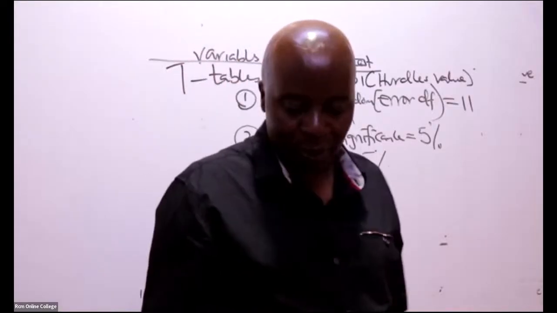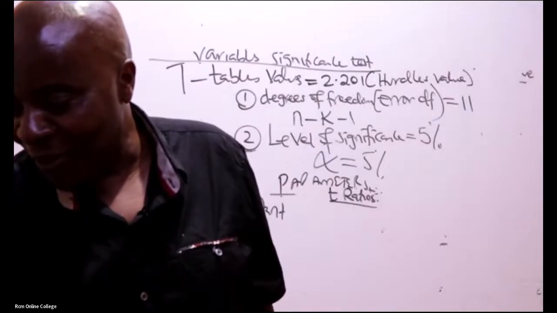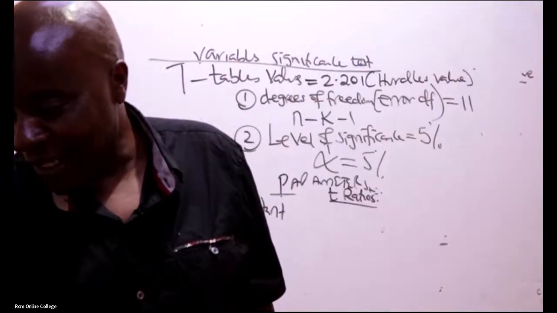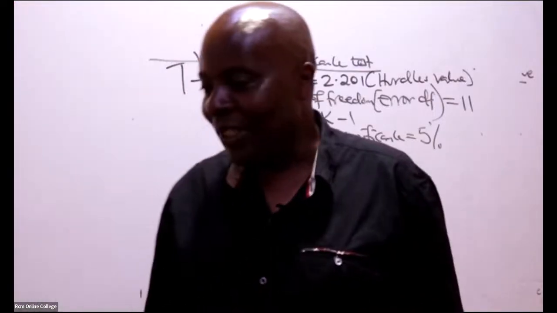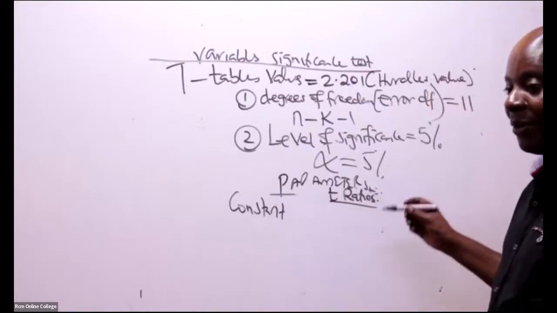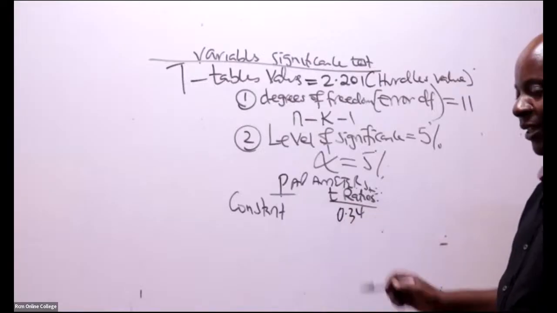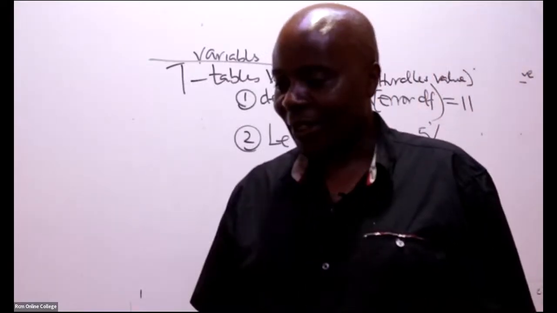Please open up your paper. You should not panic at all. These will make sense in a moment. The t ratio for the constant. Somebody is telling me 0.34. Are you sure? That will be very small.